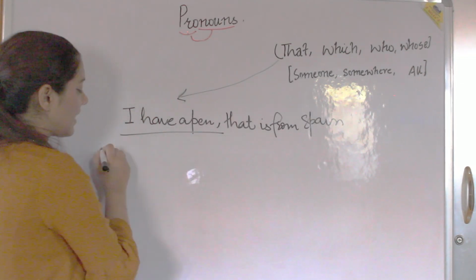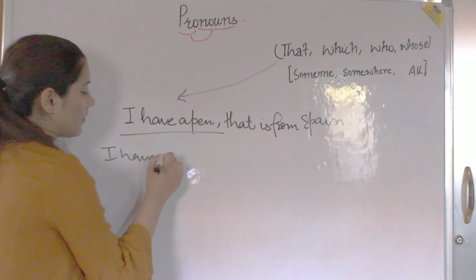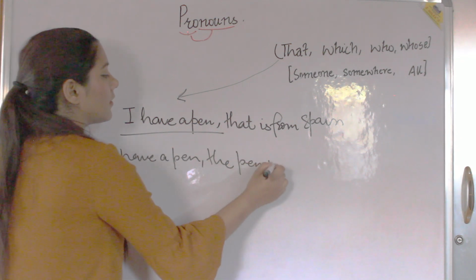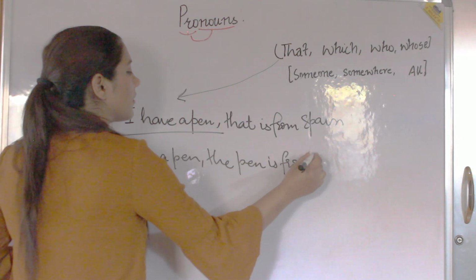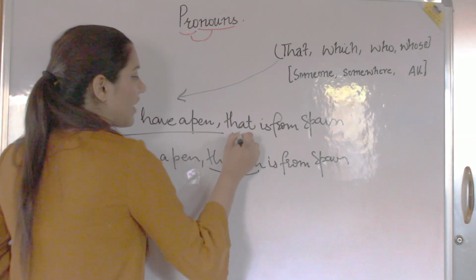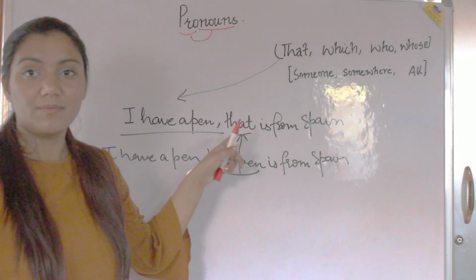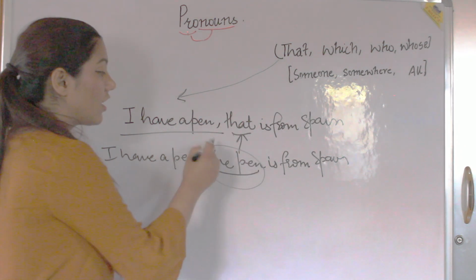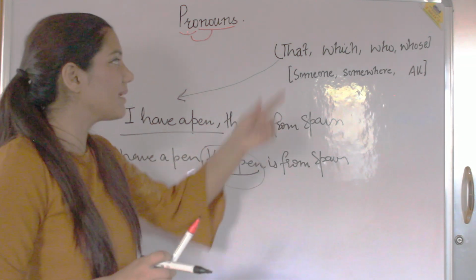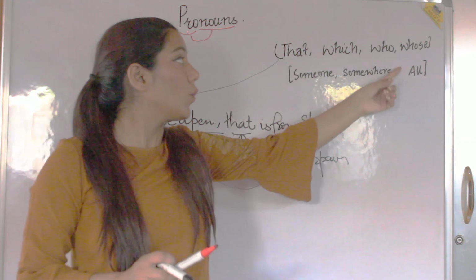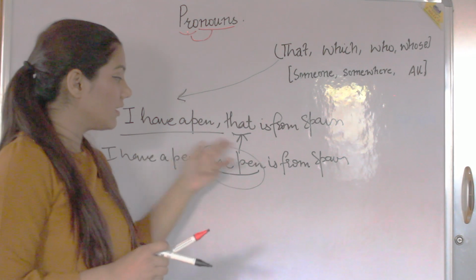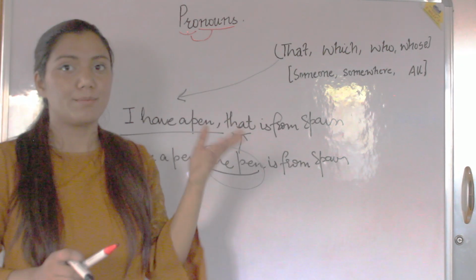So instead of saying I have a pen, the pen is from Spain, I replaced the pen with that. Therefore, what does this that become? This becomes a pronoun. So whenever we replace a noun with any word, that can be that, which, who, whose, that can be any word, but if we replace a noun with that word, it becomes a pronoun.